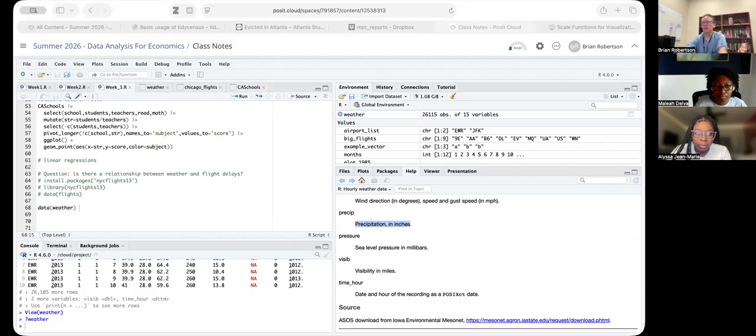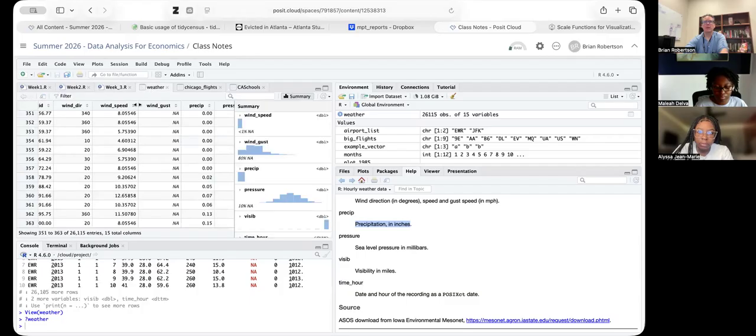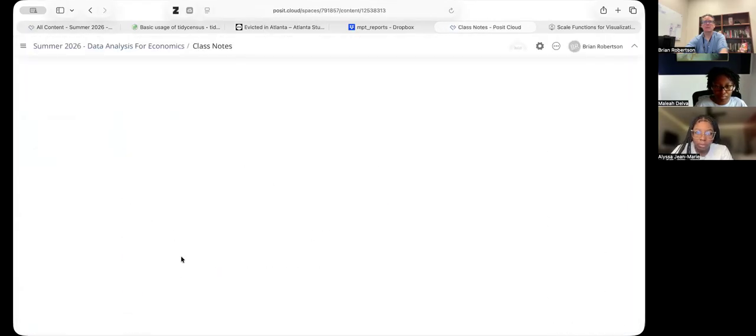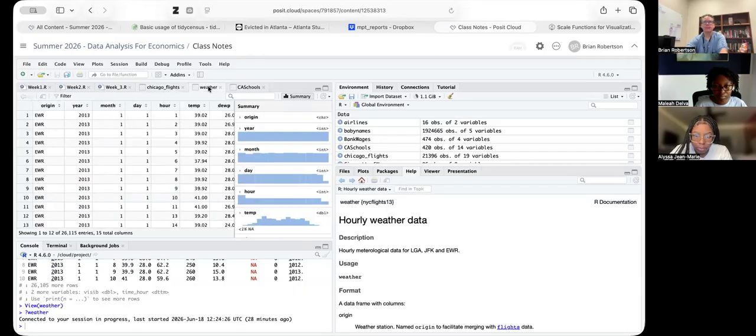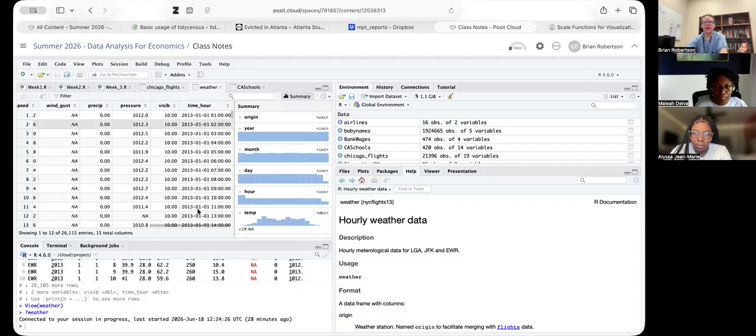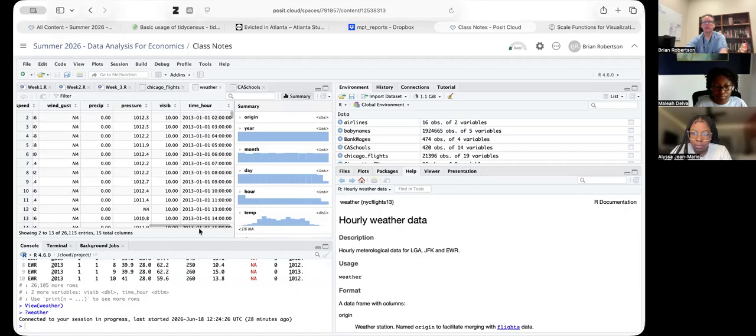Let's see. Go back in here. So this is weather. Restore project. Here we go. All right. Where am I? So weather has year, month, day, hour, and then I've got this particular time hour factor in here.